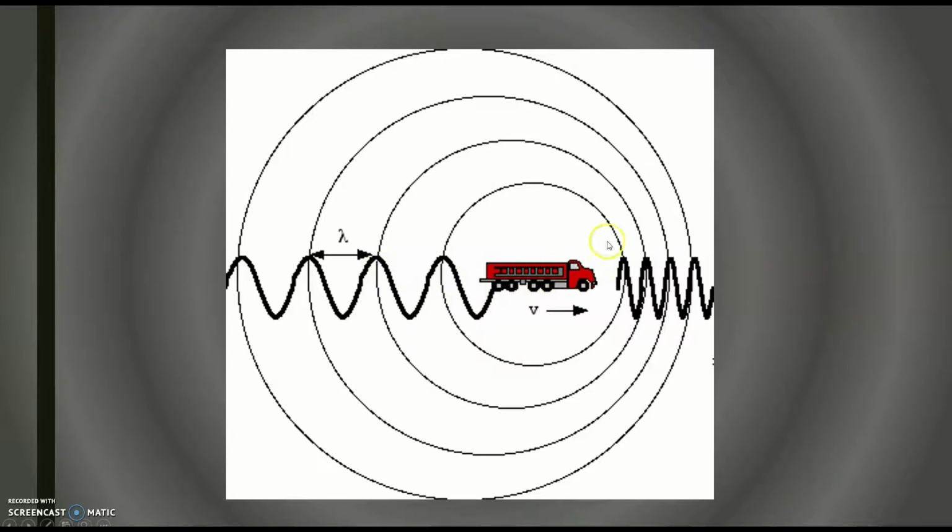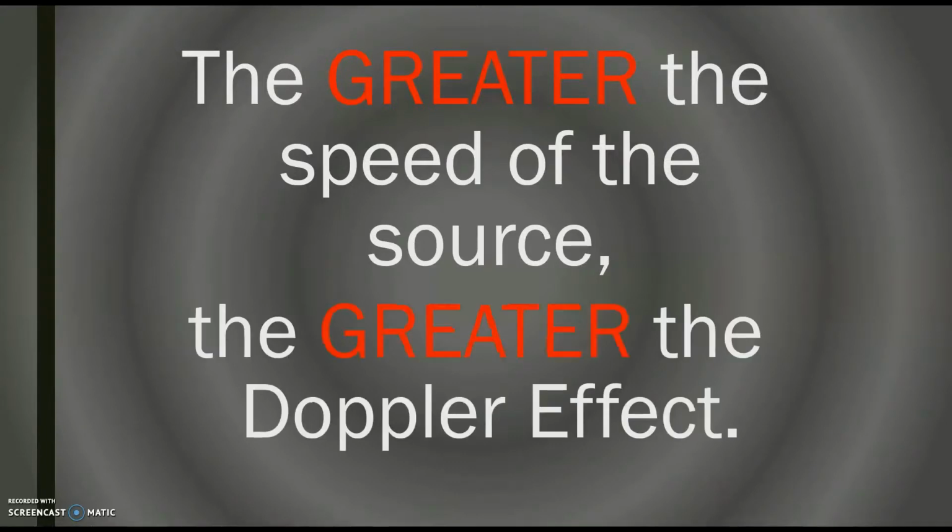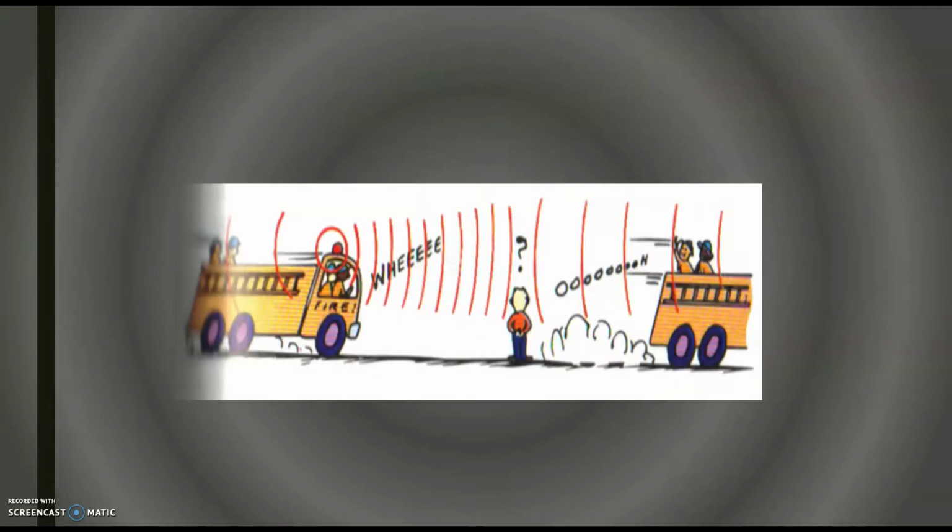But as it's coming closer, each successive circle's center is further along: the first circle is over here, and now the center is over here. So the truck is moving closer and closer. The people over here on the right side of the screen are going to hear a higher pitch than the people on the left side. The greater the speed, the greater the Doppler effect.